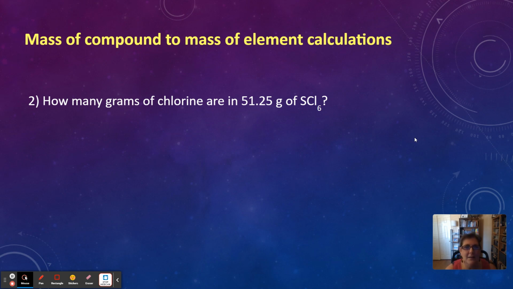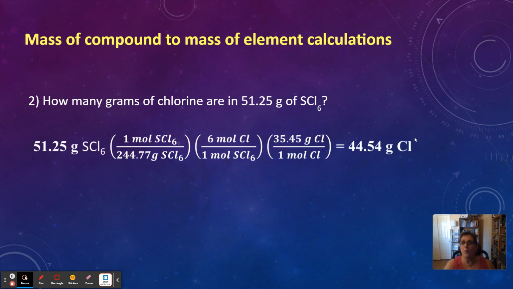Welcome back. We are solving for grams of chlorine given grams of SCl6. Let's put the answer up. Hopefully you got this correct. We have 51.25 grams of SCl6 given. We need the molar mass of SCl6.